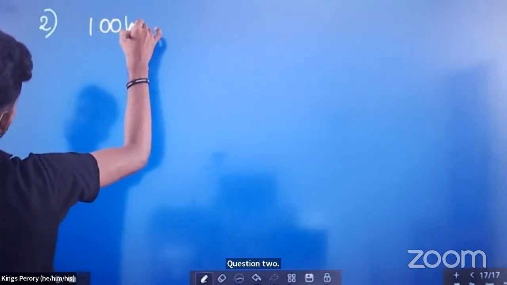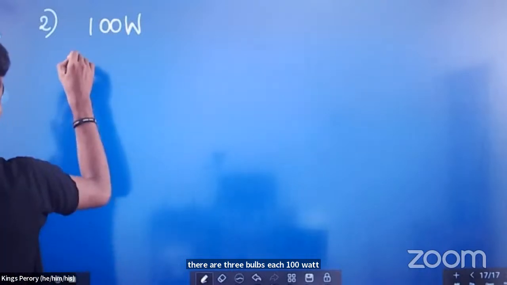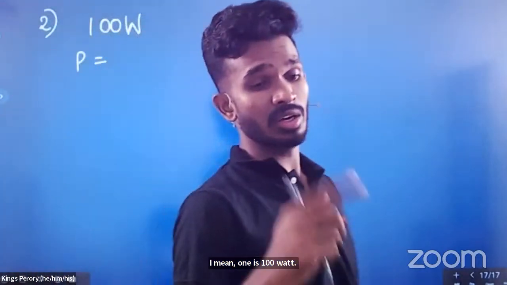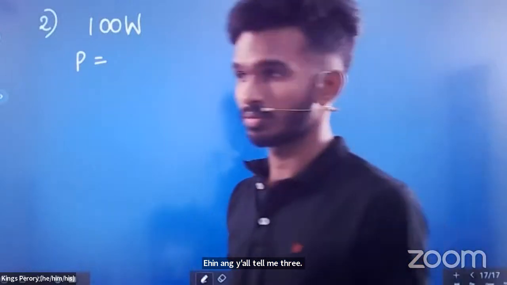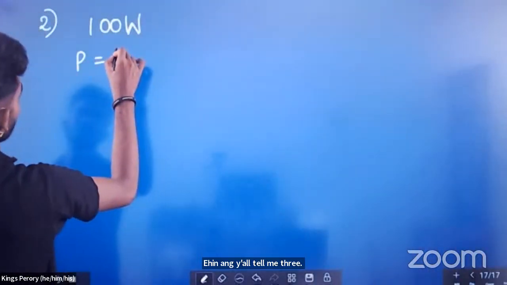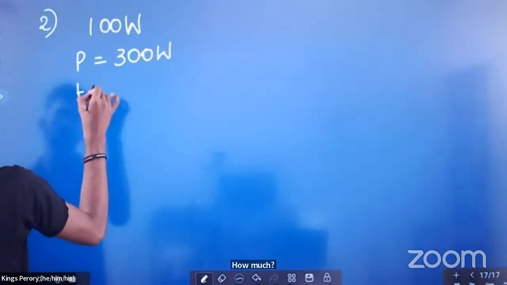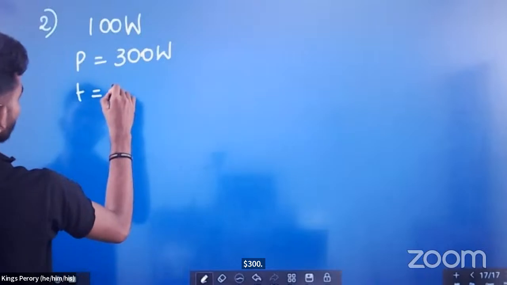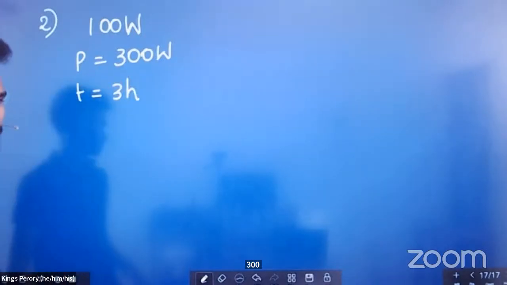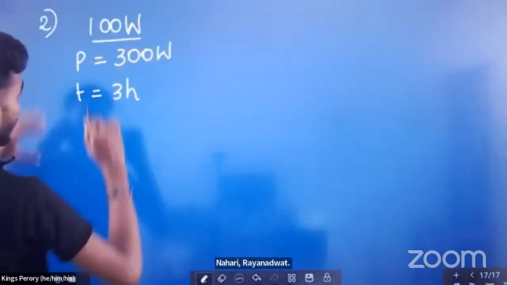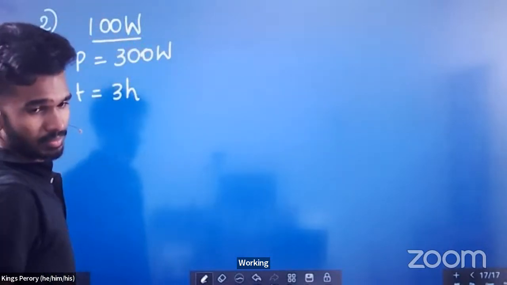One is 100 watt, so 3 bulbs is 300 watt. Working for how many hours? They told 3 hours. So 300 watt, 3 hours.